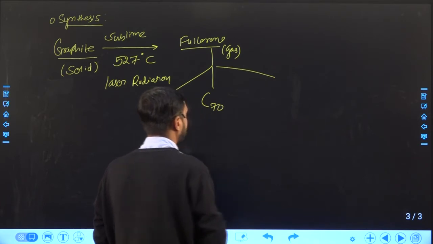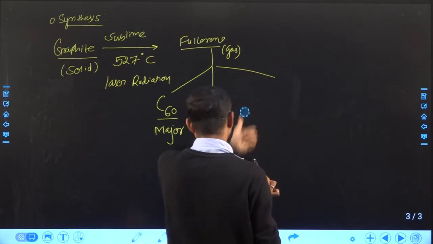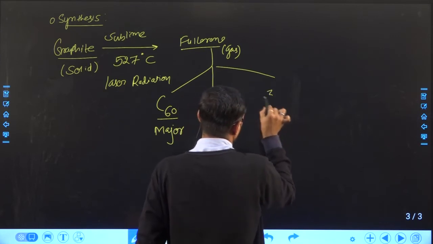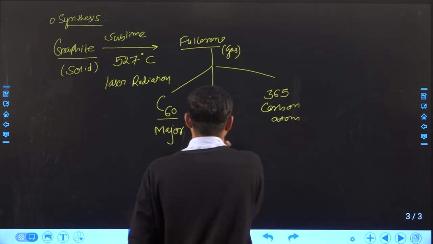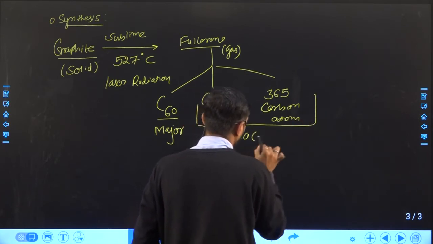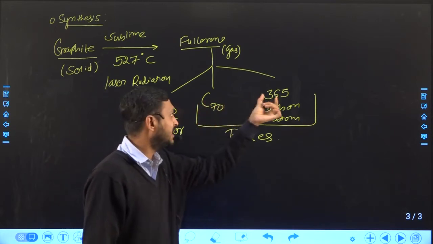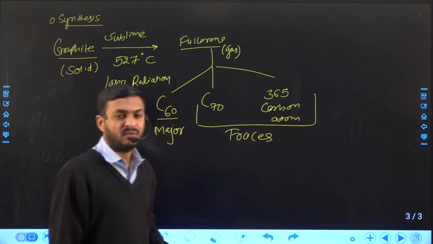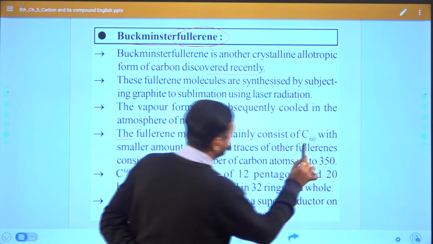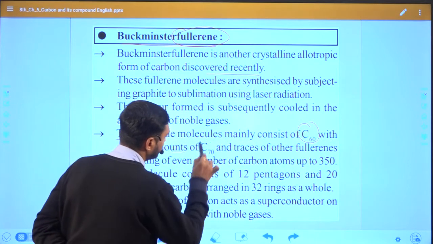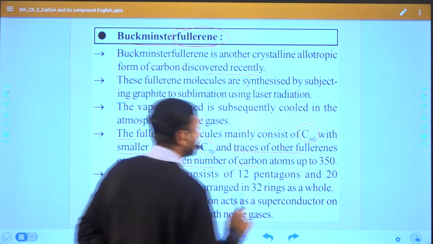After that it also contains C70, and it also contains greater numbers up to 350, but these are only in trace amounts. So fullerene molecules mainly consist of C60 with a small amount of C70 and trace amounts of other fullerenes consisting of an even number of carbons up to 350.